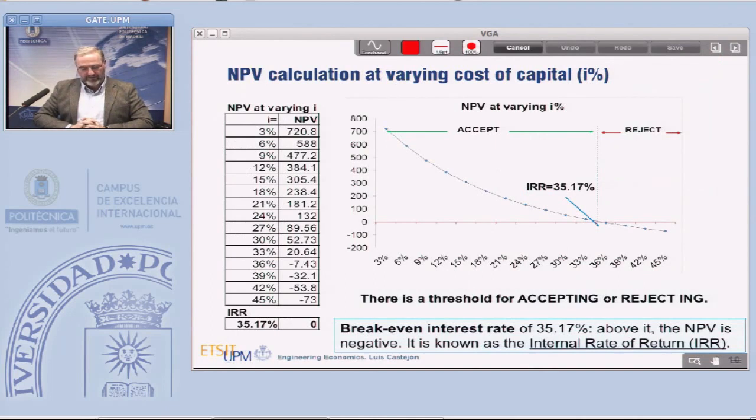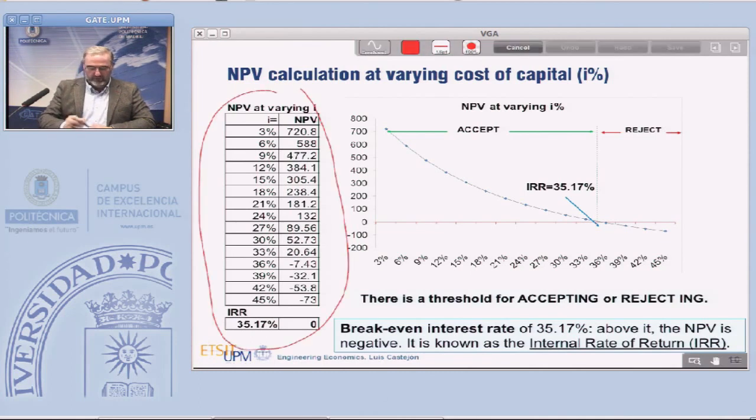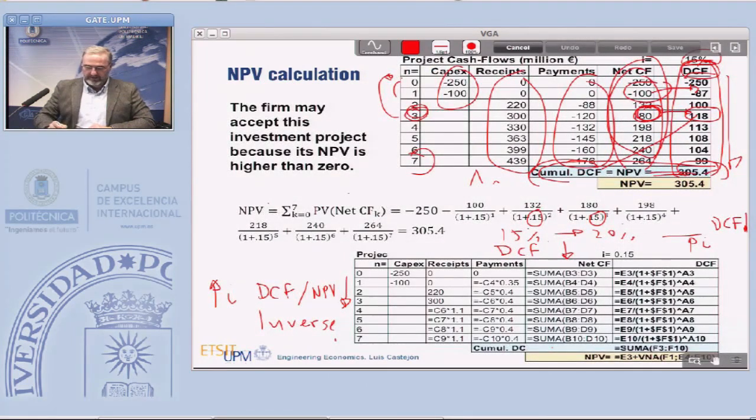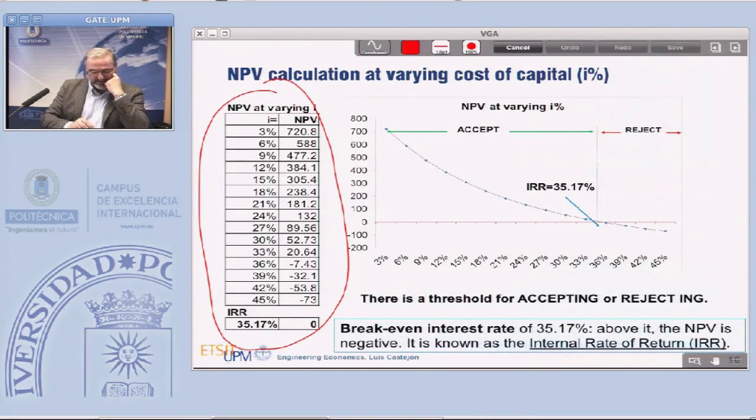The different net present values we can obtain from a project depending on the varying cost of capital. So what we have done in this table, for the same project, is to change the interest rate, and record the net present value for every interest rate, and we have generated this table.